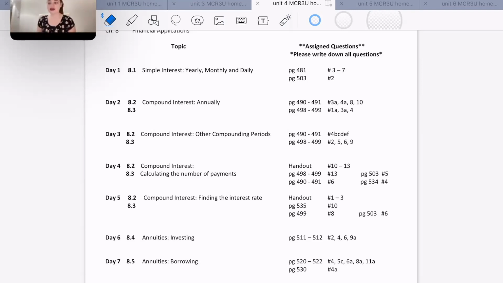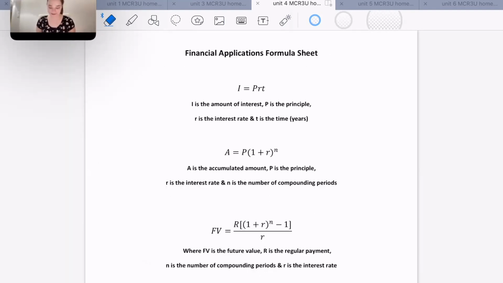So the interest grows at a faster rate with compound interest, because not only am I owing interest on my principal, but I'm owing interest on previous interest that I have not yet paid. So today we're going to talk about simple interest, even though it's not really often used in practice. It is still part of this curriculum, so we will still talk about it.